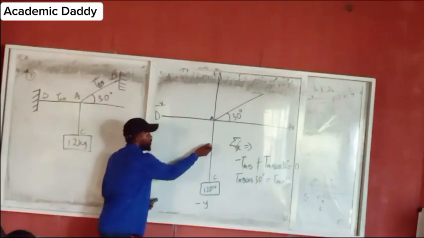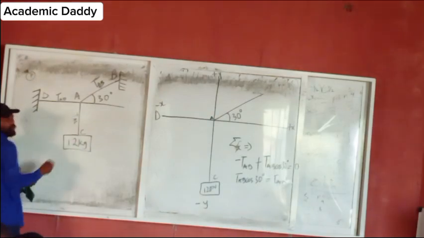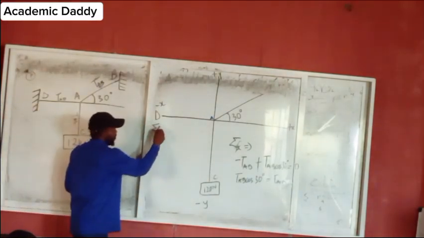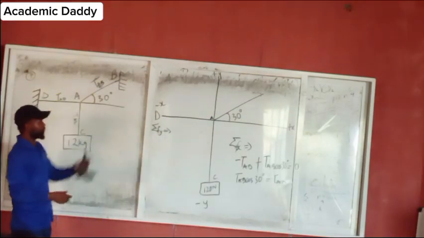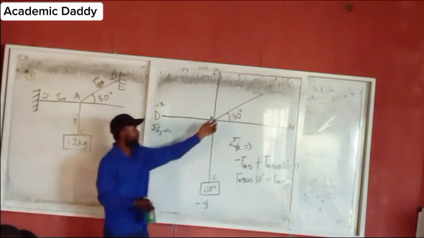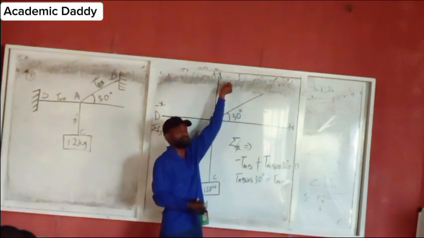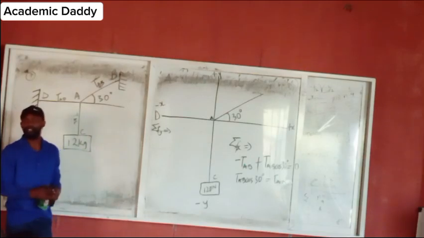So that means that this side, what I have here is actually TAC. Sum of forces on the y-axis will be equal to, up is positive. And remember that this thing belongs to nobody, so it belongs to both of them. If I take this to the vertical axis, it becomes TAB sine 30 degrees.